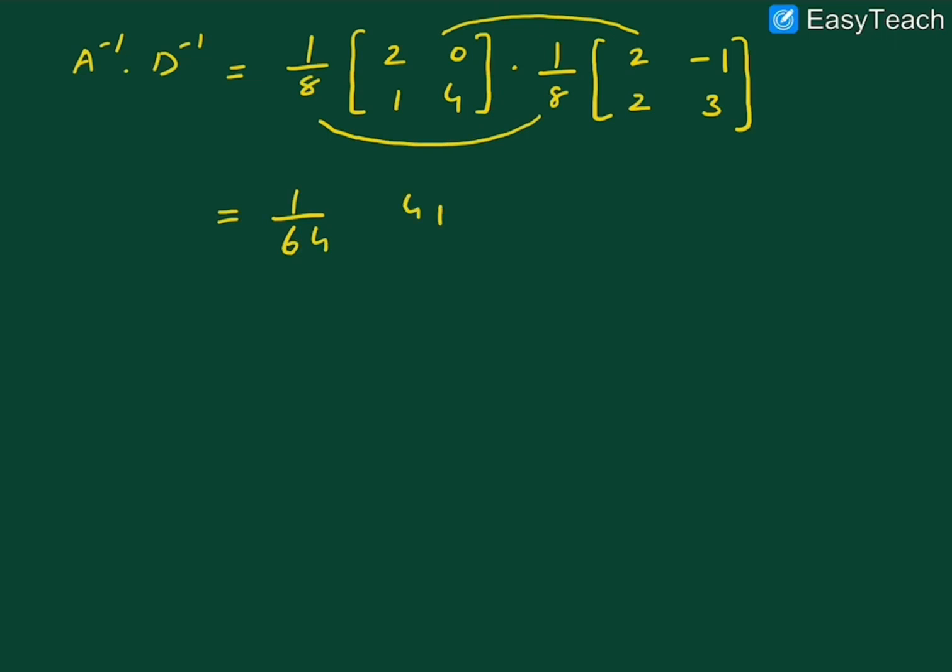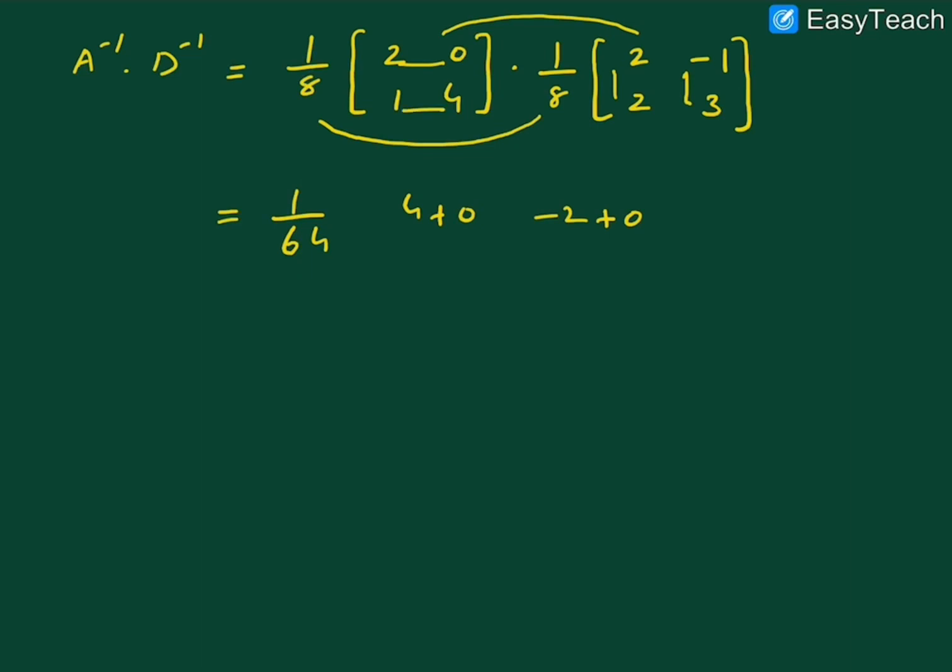0 with 2, 0. 2 with minus 1, minus 2. 0 with 3, 0. This row we have multiplied with this one, and the same row we multiply with this column. 0 into 3 is 0.